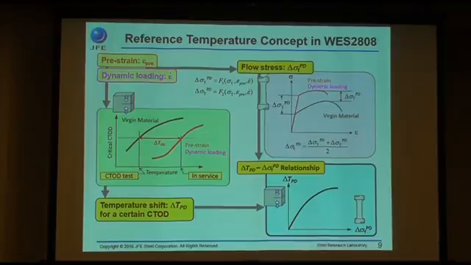Based on the local approach, the fracture toughness can be described by both the stress distribution at the crack tip, in other words the driving force, and also the critical fracture strength, such as the critical Weibull stress. Another study has already clarified that the critical strength does not change much due to prestrain and dynamic loading.